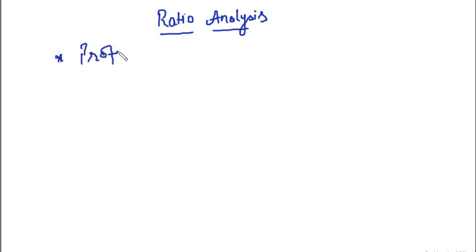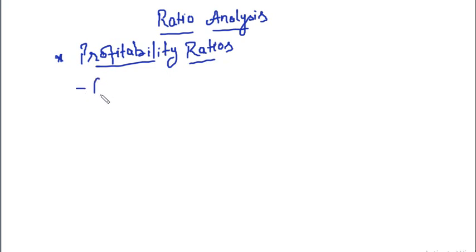So friends, we are going to continue with ratio analysis, and this is going to be the last lecture for ratio analysis, right? We were discussing the last set of ratios, that is profitability ratios.